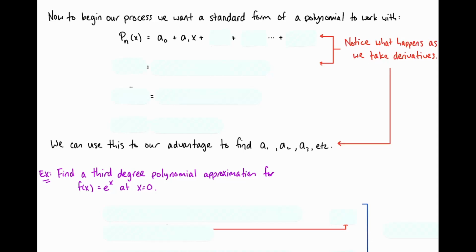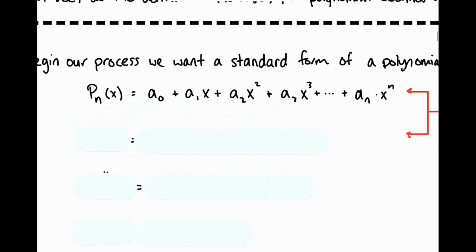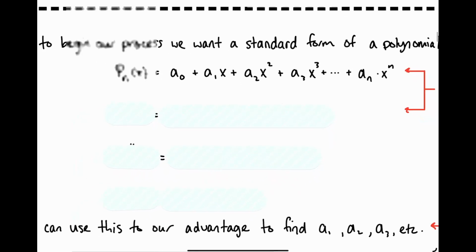And then as you can kind of see, it keeps going: a sub 2 x squared, a sub 3 x cubed, a sub n x to the n. So these subscripts and the powers match up. Again, a lot like a sub 3 was the third term, kind of the same thing in this case. We have this a sub 0, so it throws us off a little bit. But the power and the subscript are always going to match up. So a sub 4 goes with the x to the 4th degree in our polynomial.